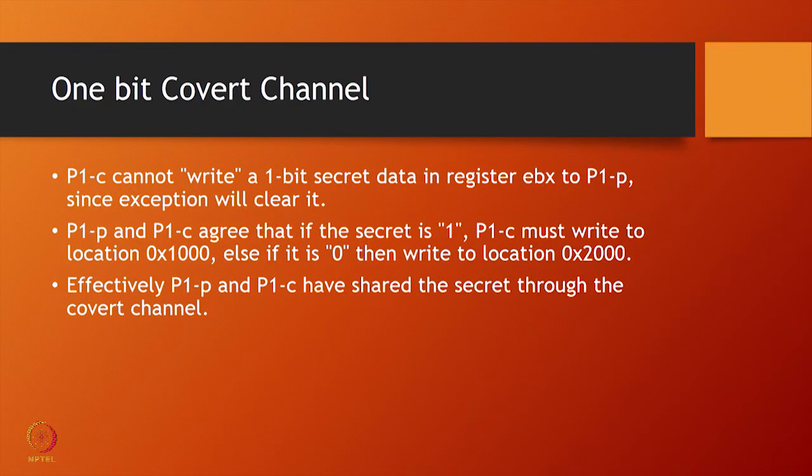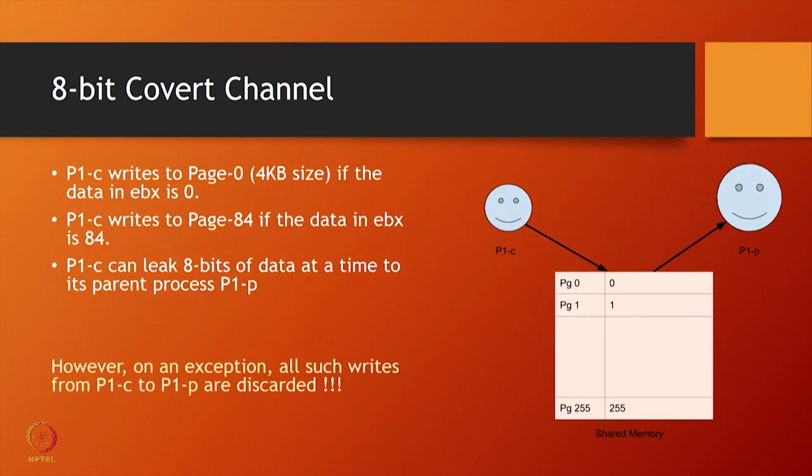So what can P1 parent and P1 child do? They agree that, suppose I am reading bit by bit, if the secret is 1, then P1 child must write to location 1000, else if it is 0, it should write some value to location 2000. Effectively, they have shared the secret through this covert channel. But bit by bit is difficult, so let us say byte by byte.